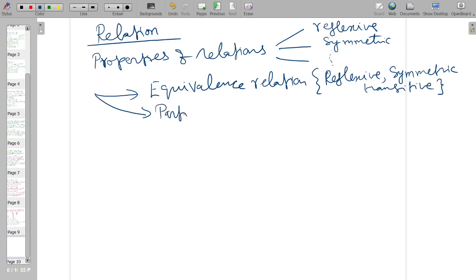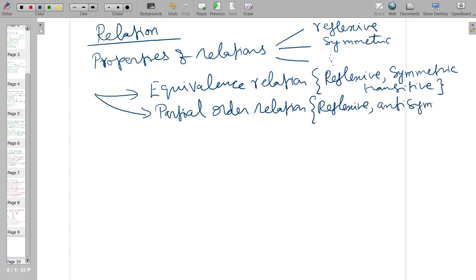The next category is partial order relation. What is this partial order relation? It has to be reflexive, then anti-symmetric, and the last one would be transitive. Okay, I have changed the second property. Instead of symmetric, you have the anti-symmetric property.